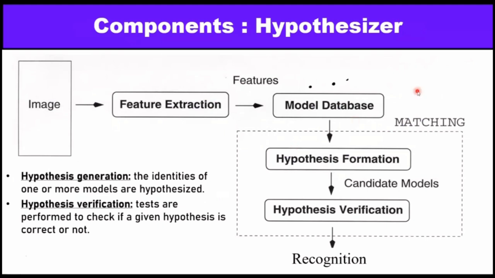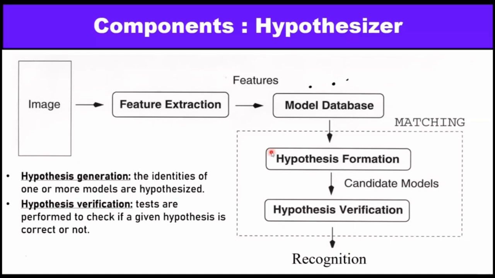Now the hypothesizer forms the hypothesis, and that hypothesis is verified. Now hypothesis is the guess we are forming. So based on these features, possibilities will be generated.